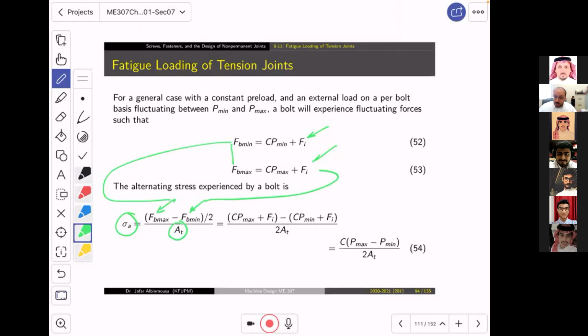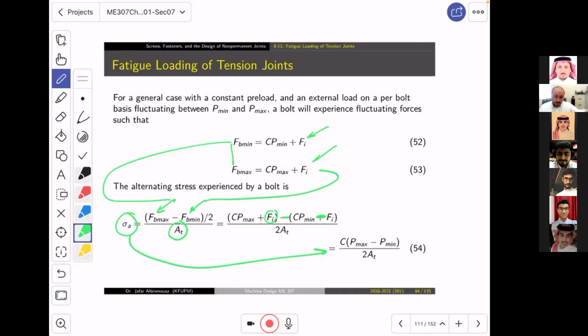I will put them in, and when I put them in the equation, I will realize, guys, that when I put a minus sign, Fi here will be minus, and Fi is cancelled out. No Fi. Why? It makes sense. If the amplitude has Fi in it, your equation is wrong. How is an amplitude not changing between minimum and maximum?